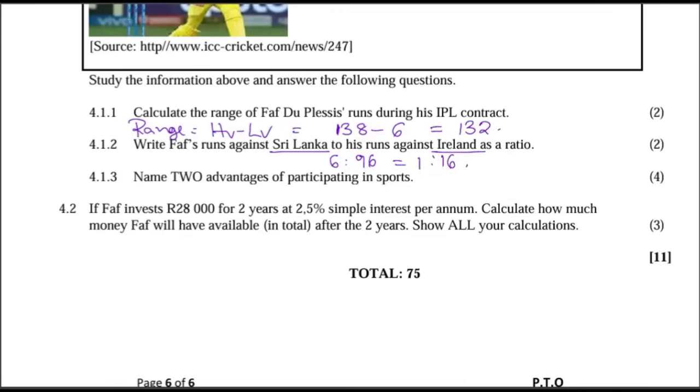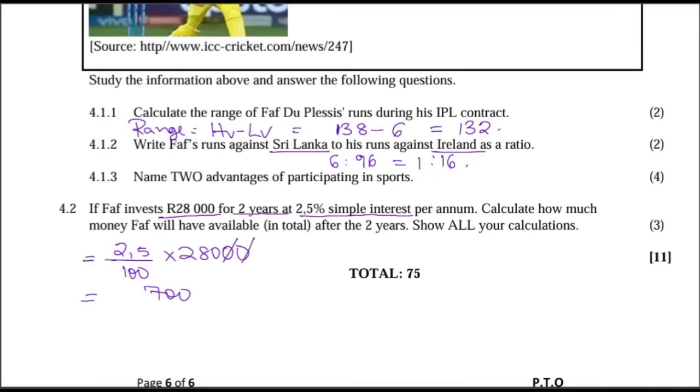If this person invested 28,000 for 2 years at 2.5% simple interest per annum, calculate how much money he will have available in total after 2 years. So first and foremost, look for the interest, which is 2.5 over 100 times the money that he invested. I believe you get 700 here.